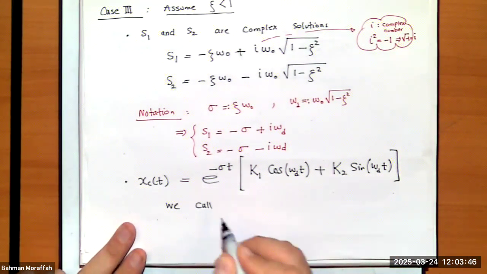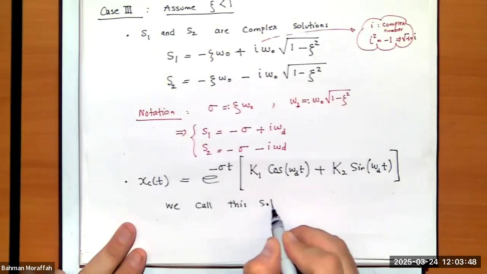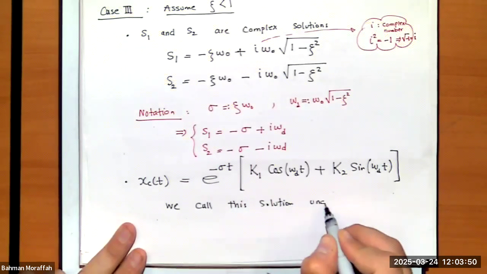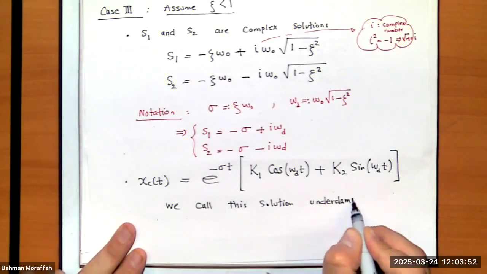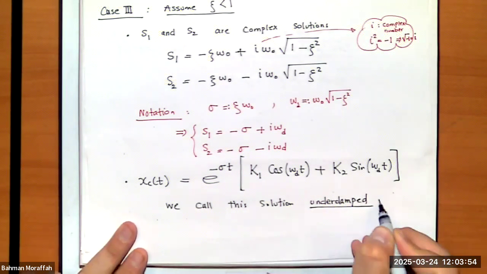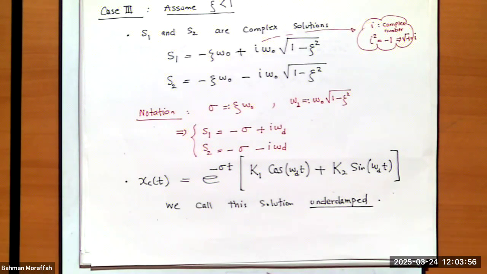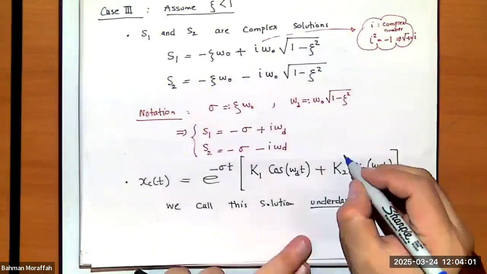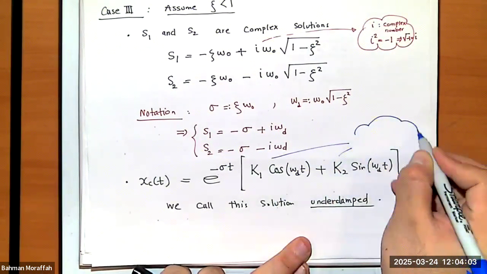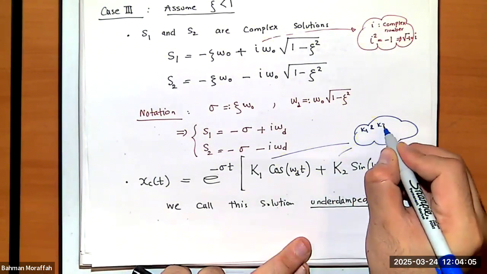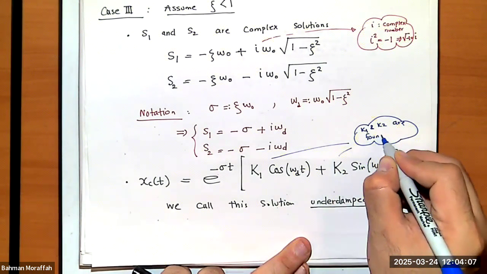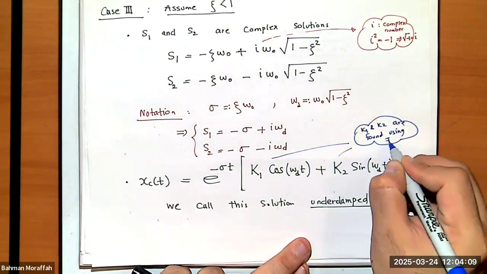We call this solution underdamped, right? And obviously we need to find k1 and k2. k1 and k2 are found using initial conditions.